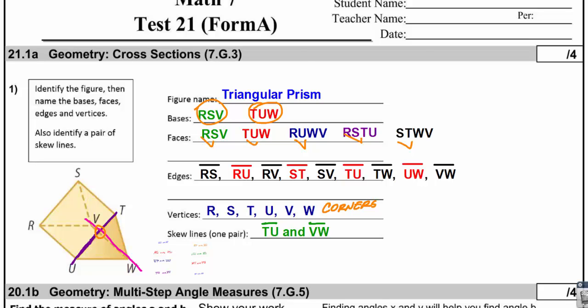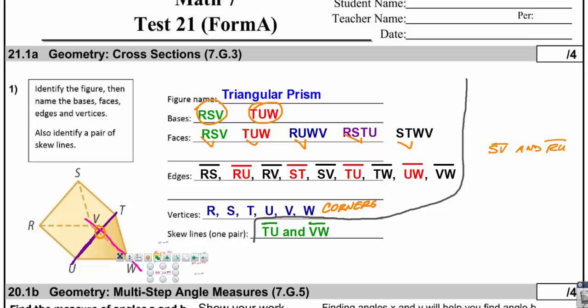So there were a bunch of skewed lines. TU and VW were the pair that I gave you when we started correcting. And then as we corrected, your classmates came up with more skewed lines. Let's just draw a little part around here, and everything that we're going to put over here are the skewed lines that we found.